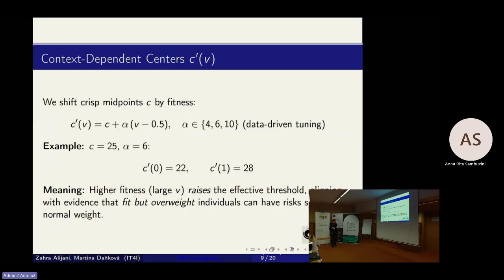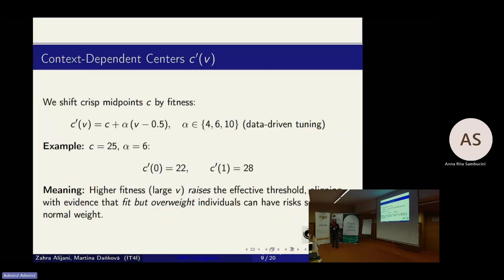Here we have an example. If we shift the crisp midpoint C by the fitness measurement V to get C prime, the alpha parameter is very important, as it is a transformation parameter.